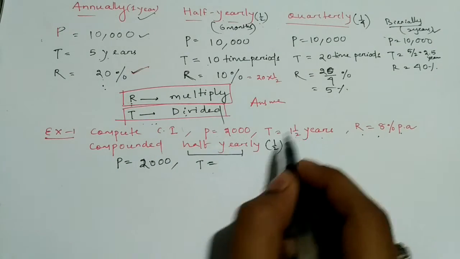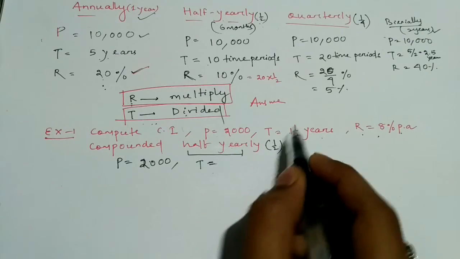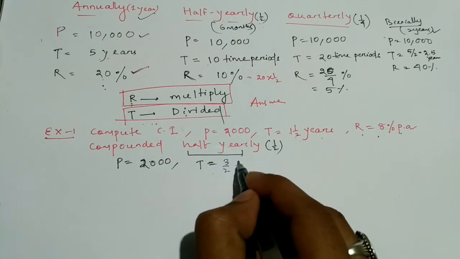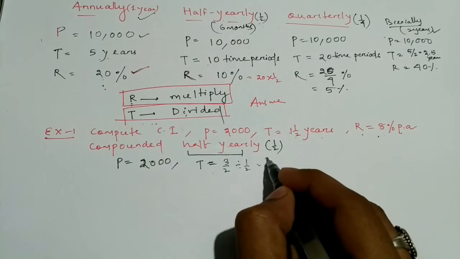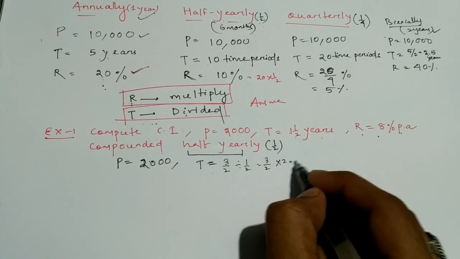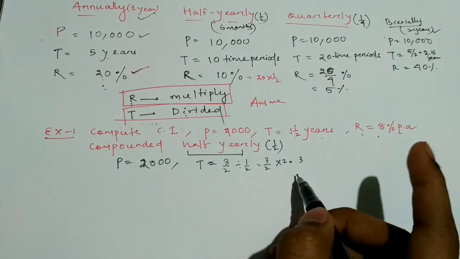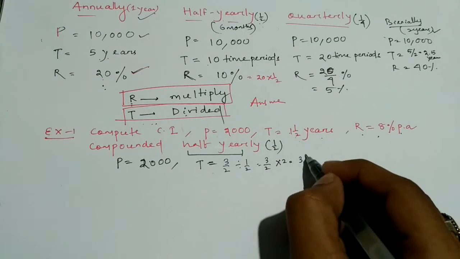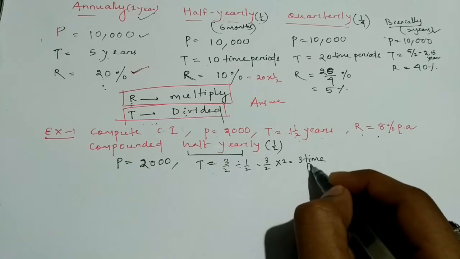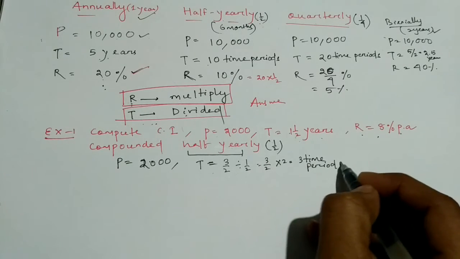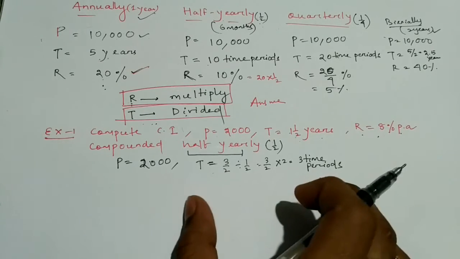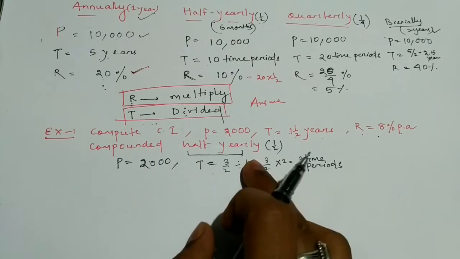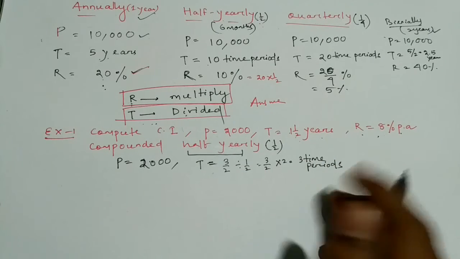Here 1.5 years means 2 ones are 2 plus 1, 3 by 2, divided by 1 by 2. So it will be 3 by 2 into 2, so 3 years. No, not 3 years. It will be 3 time periods. You don't have to do this in your exam. This is for your rough work. Directly say 3 by 2 multiplied with 2, that is 3 time periods.